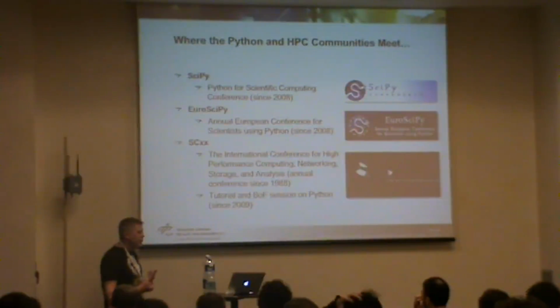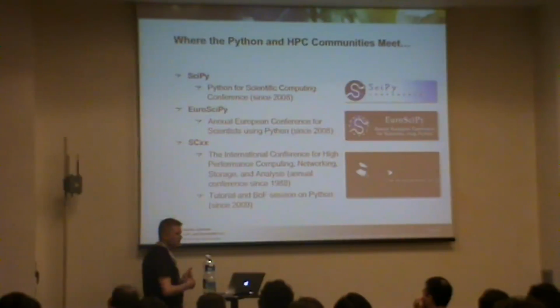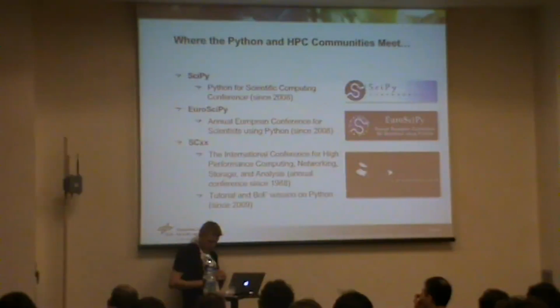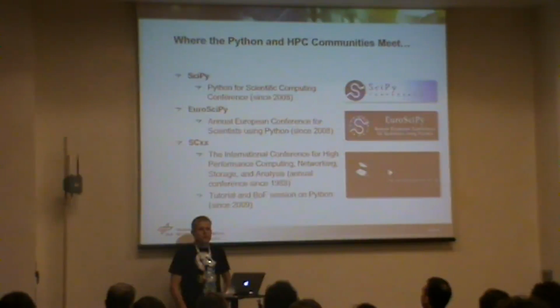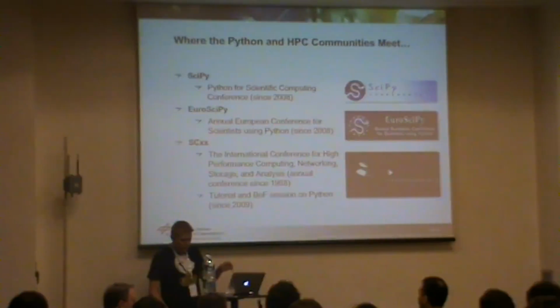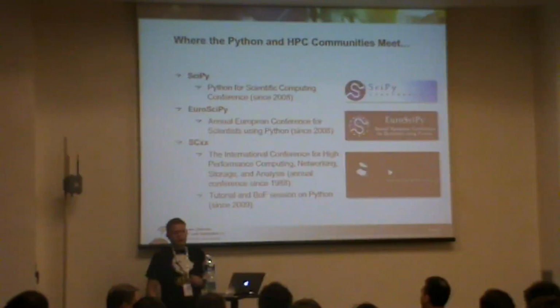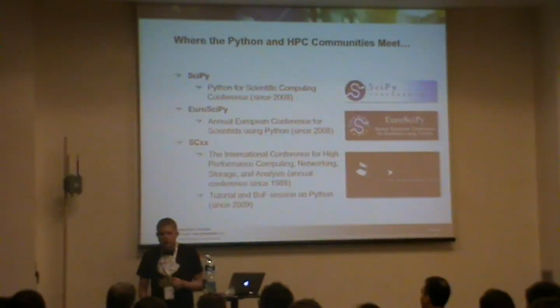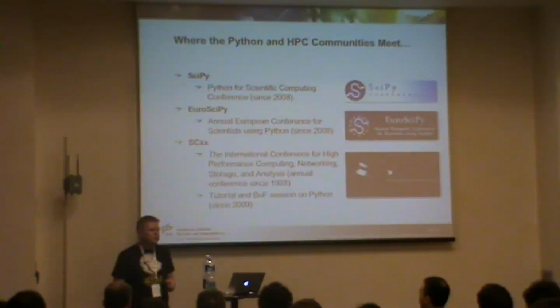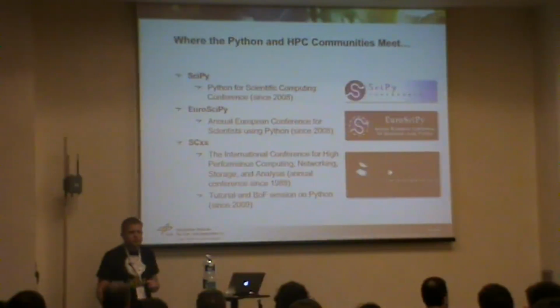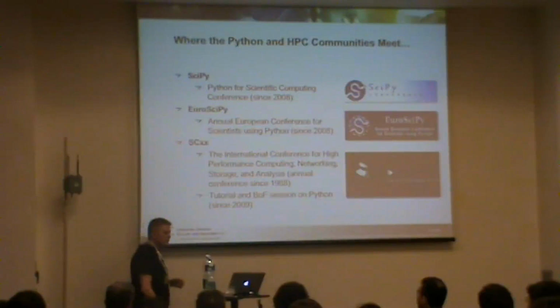It's also annual, every November in the US, and this is really the major event for high performance computing, which also has talks and an exhibition floor. At this conference, most people are not going to talks. They want to do business and talk about high performance computing and listen to talks and so on. But it's very interesting.